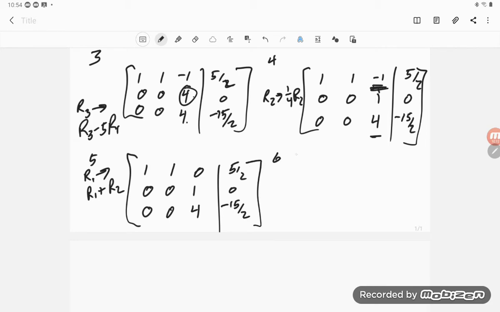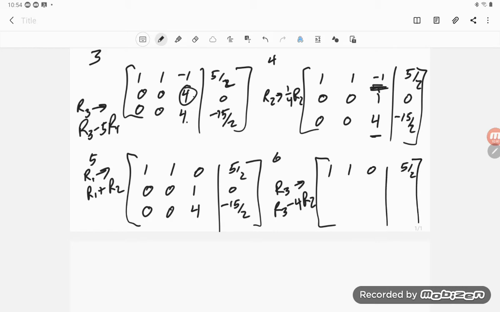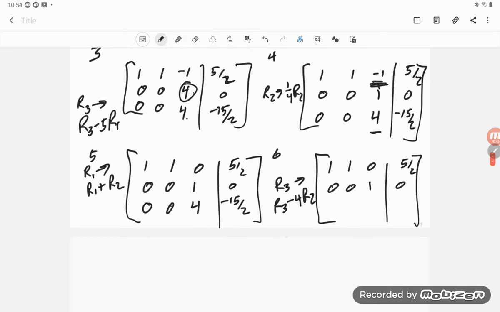And then for the 6th step, I am going to replace row 3. Row 3, I'm going to replace that with row 3 minus 4 row 2. And so I have 1, 1, 0, and 5 halves. 0, 0, 1, and 0.